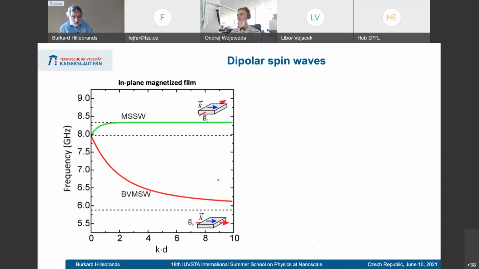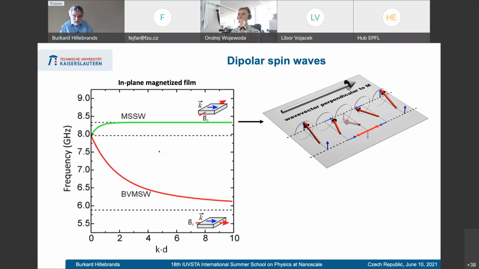Okay. Just to illustrate this a little bit, you might wonder why the dispersion of this green mode, the so-called surface mode, and the red mode here are so opposite to each other. Well, the answer lies, like so often, just in the magnetostatics. Just consider how such a mode propagates. For that, I show you this picture for the surface mode.